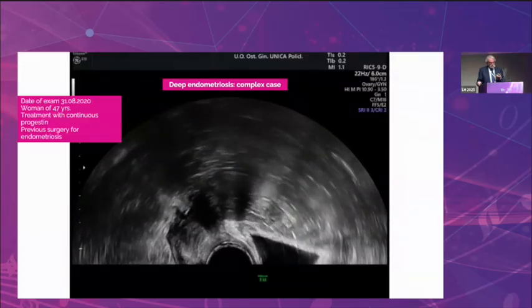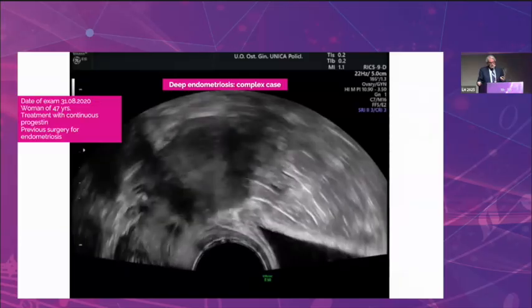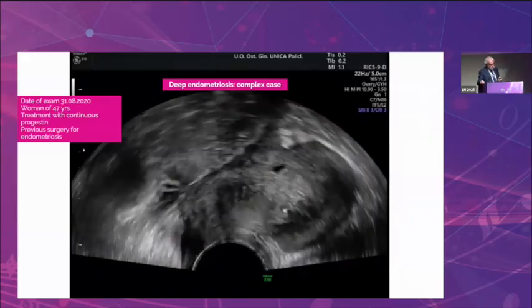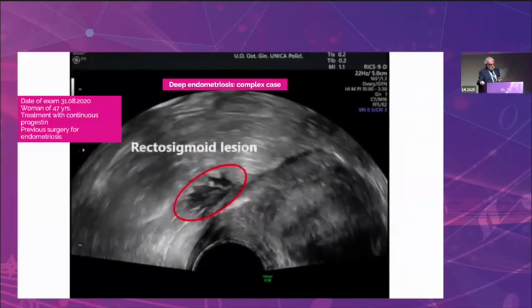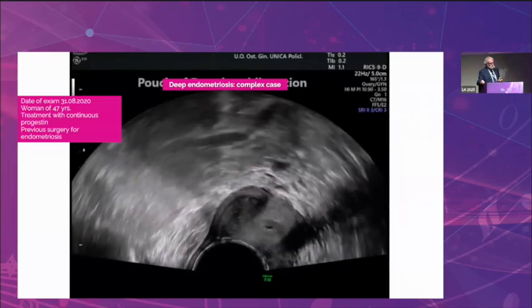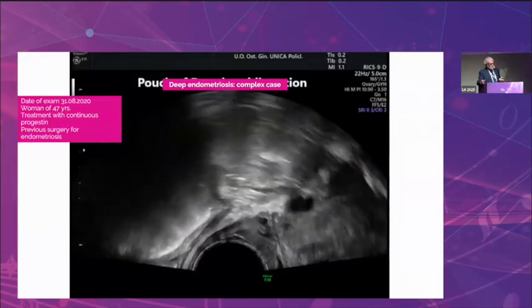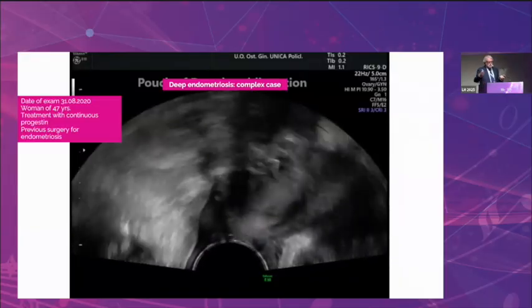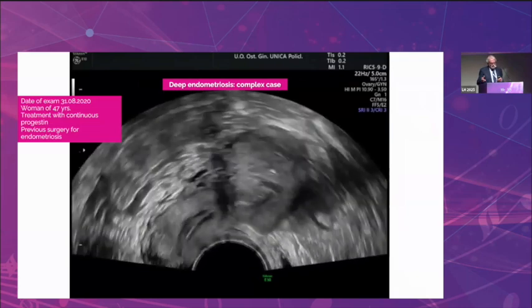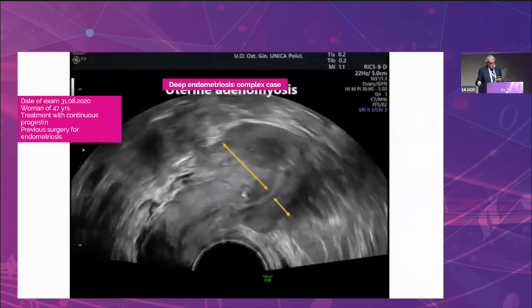This is a patient with incredible endometriosis, and you can improve your information in daily practice with very few minutes. It's not 30 minutes, in the majority of cases this evaluation can be performed in 5 minutes in case of normal findings, but in a complex case like this, obviously, it is longer.